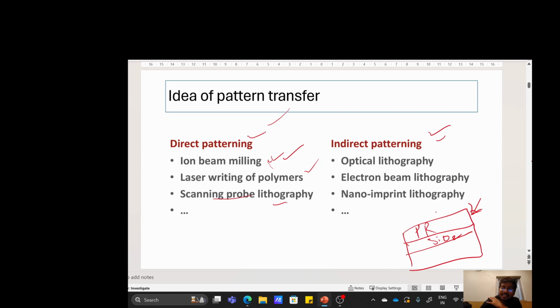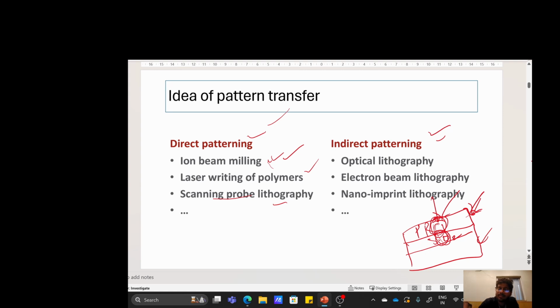Either it will get hardened or it will get softer, depending on what kind of photoresist you are using. So accordingly you can remove the material from certain portions. That is the sacrificial layer. From certain portions you can remove it, and further you can remove the material from the SiO2.